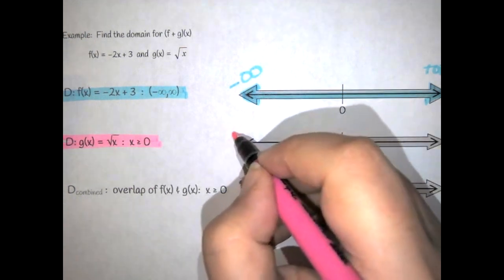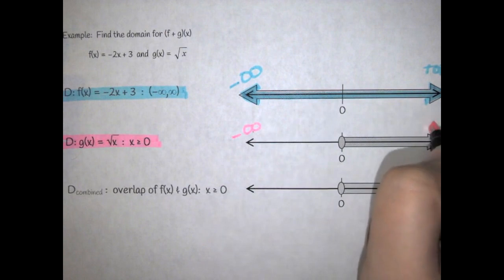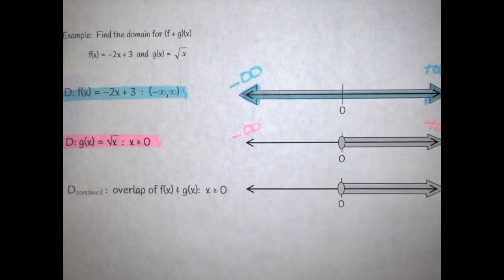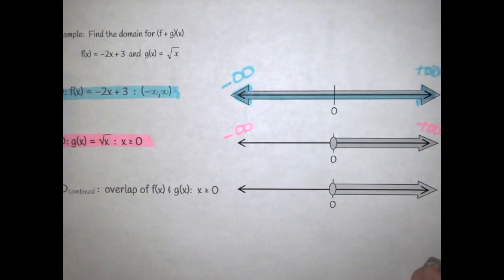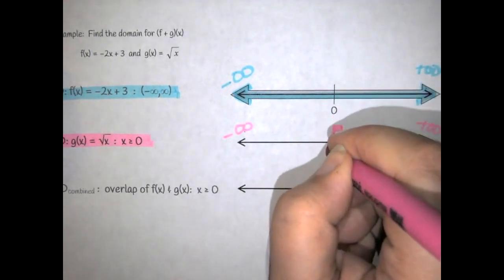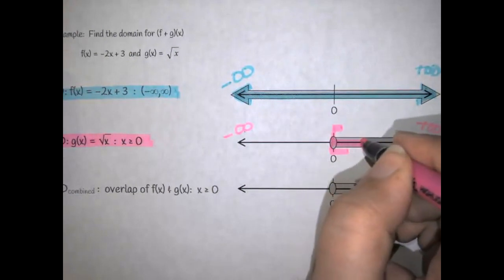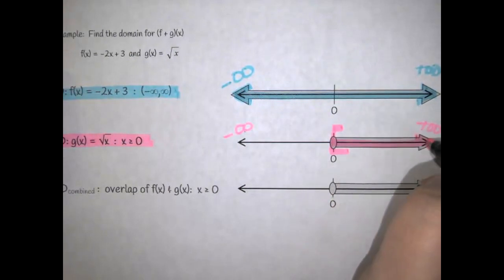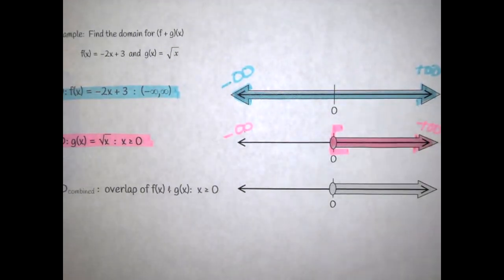So again, if this was the negative side and this is the positive side, then we know that for this particular number line, we can start at 0, and we're going to shade everything in that positive direction. Okay?